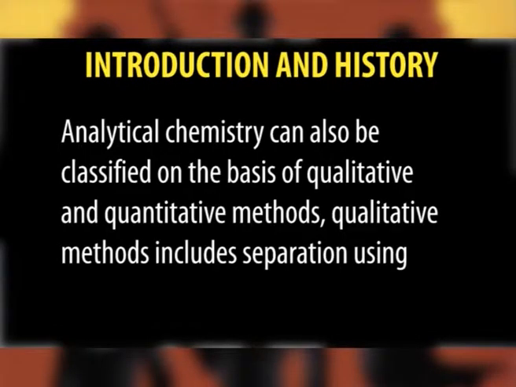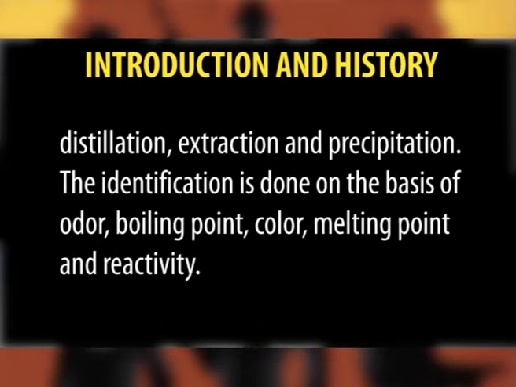Analytical chemistry can also be classified on the basis of qualitative and quantitative methods. Qualitative methods includes separation using distillation, extraction and precipitation. The identification is done on the basis of odor, boiling point, color, melting point and reactivity. Quantitative method depends on changes in volume or mass to quantify the concentration of analyte.